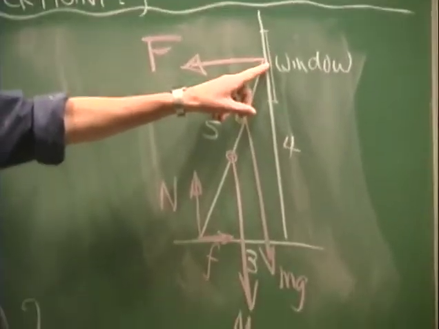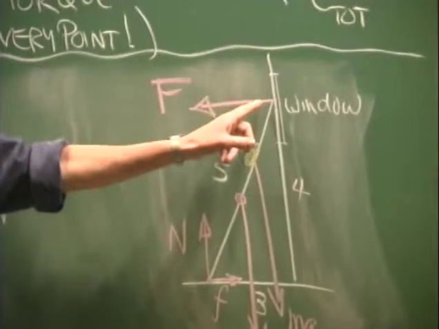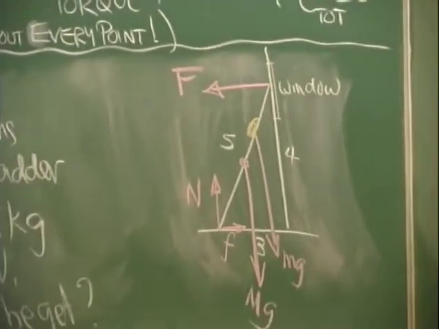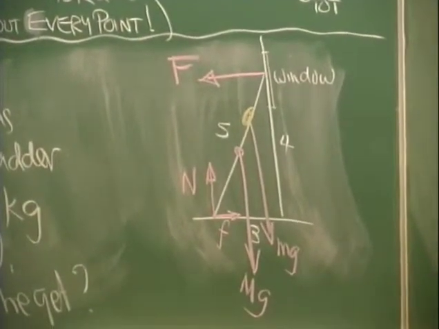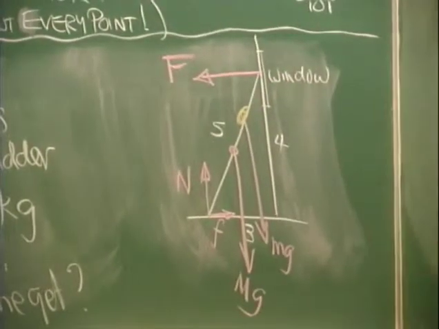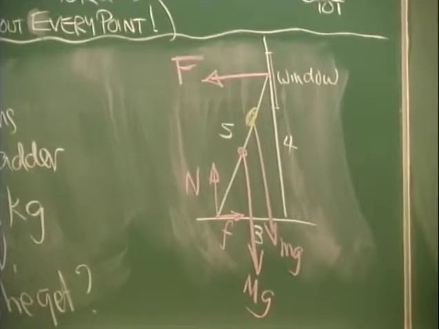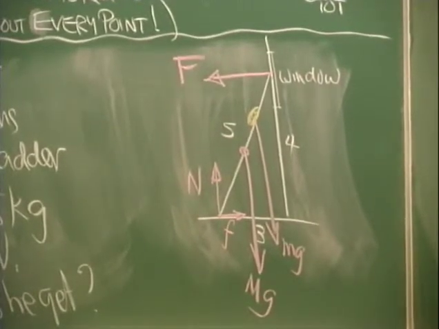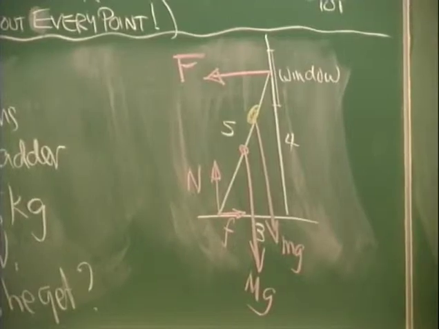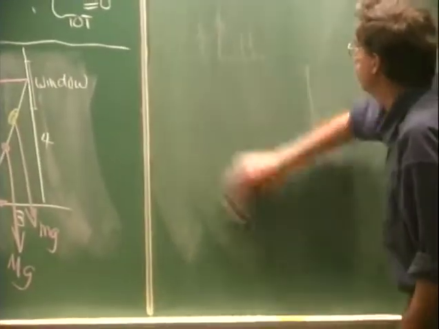If this had been a really sticky window or something, then there might have been some vertical force exerted on the top of the ladder. That would be a kind of unusual situation, but you can conceive of a problem like that. But here, the force of the window on the ladder, and therefore the force of the ladder on the window, is equal and opposite. That force is perfectly horizontal. I think that's it. Those are the forces that are acting in this problem.